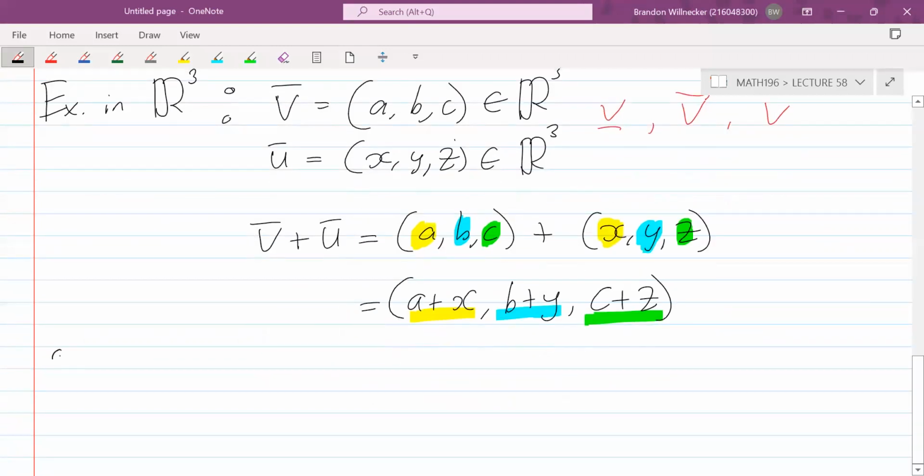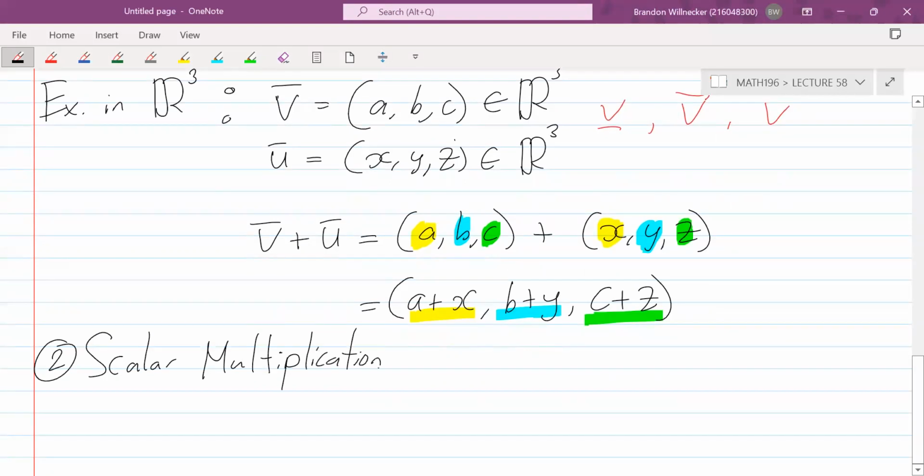The next operation is called scalar multiplication. It works very similar to what we did with matrices. Let's do an example in R3 again, but it works for any Rn.